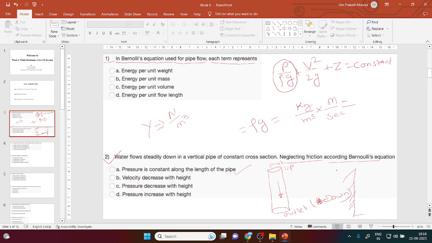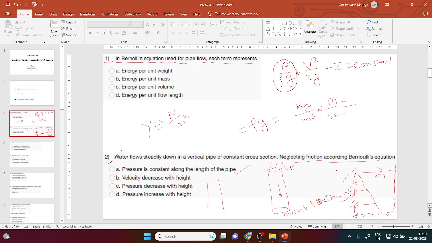let's say this is the wall and water is in static condition, not flowing. So what will happen as you go down, the pressure will increase in the static condition when there is no movement in the fluid. But in this case there is movement of fluid. As you all know, movement occurs from higher pressure to lower pressure.